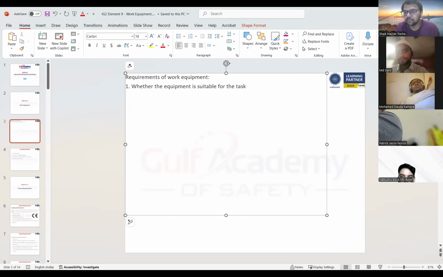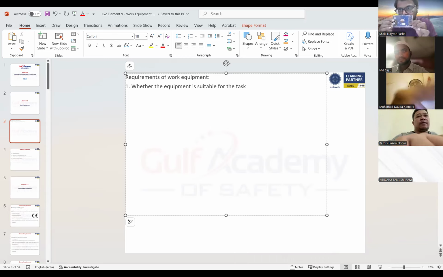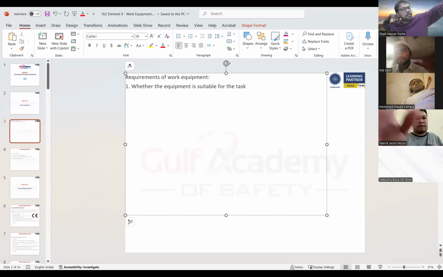No, sir. Or let us suppose, leave aside bigger equipment, take small equipment. I hope you know that in generally electrical equipment, you have small screws, star screws. The task is very simple, the screw is very small. But if you select a bigger screwdriver, will you be able to use that for completing this task?